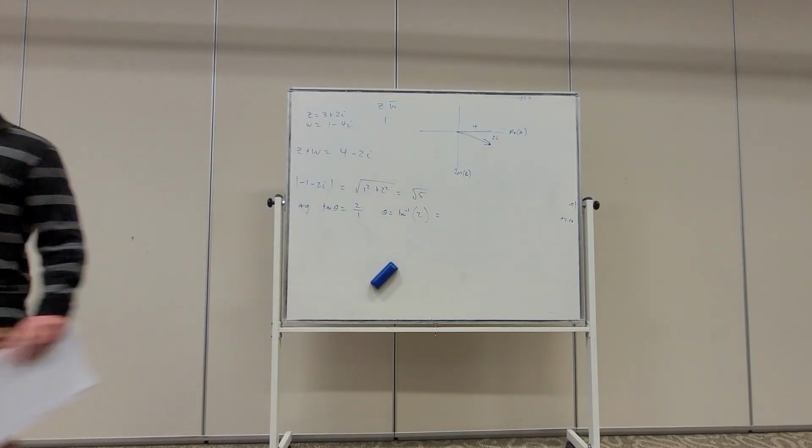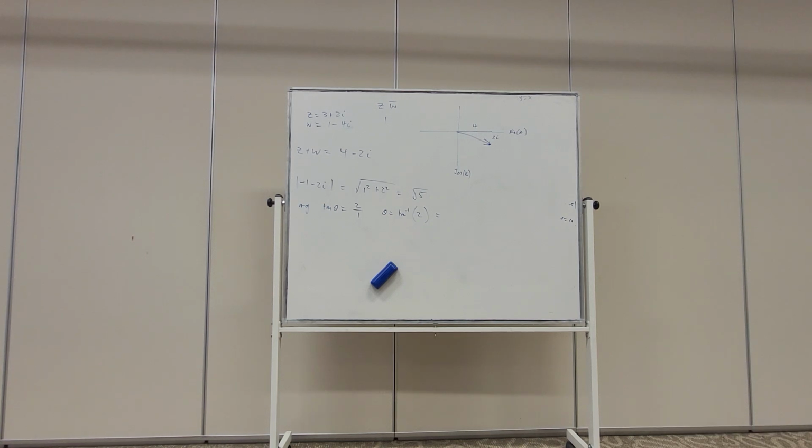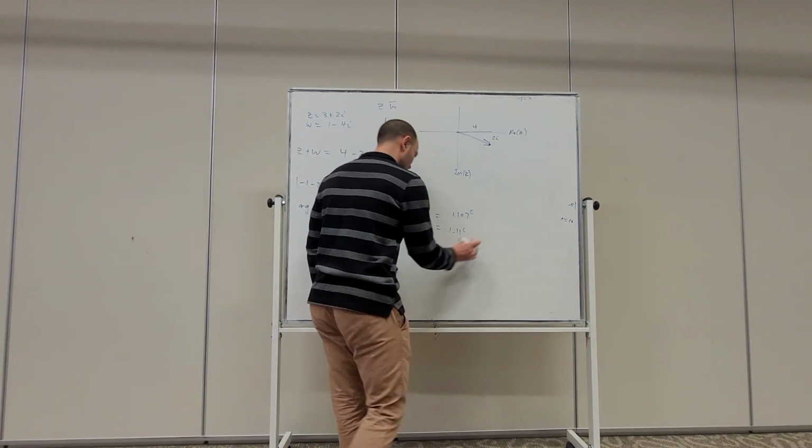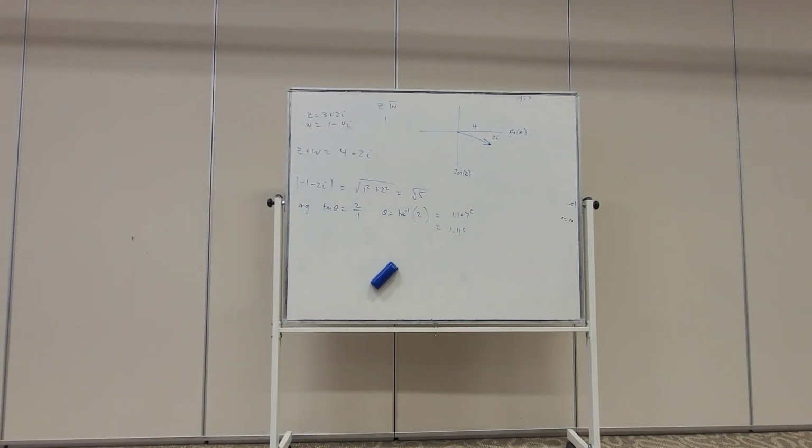What's that, 53 degrees or something? And shift tan 2, 1.10 radians.